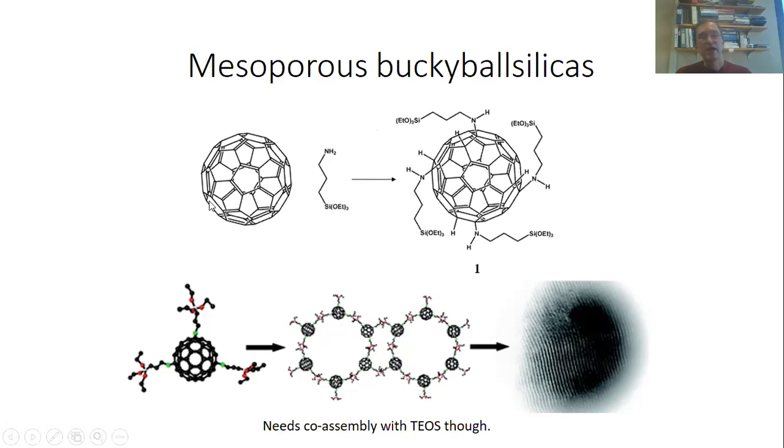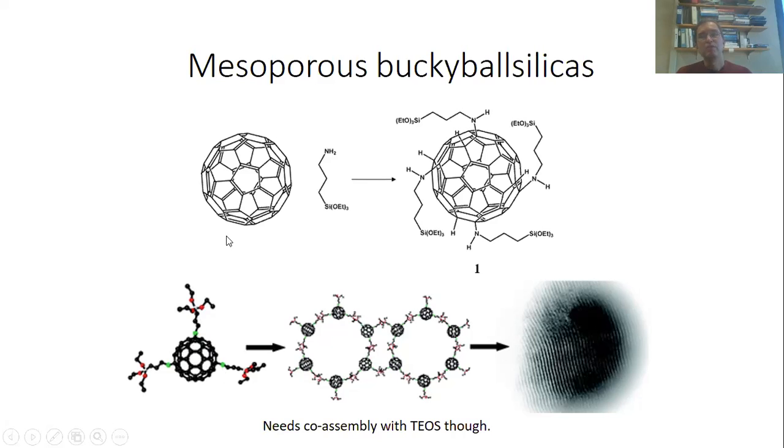For instance, you can react the fullerene in a hydroamination reaction using this aminopropyl triethoxysilane here, and this way assemble a siliceous shell around that fullerene core. And then you can use the respective molecule as a single source precursor for periodic mesoporous silicas.